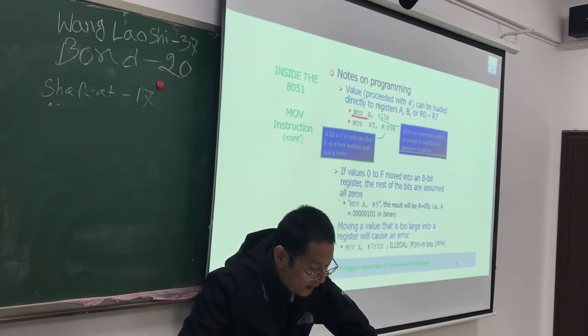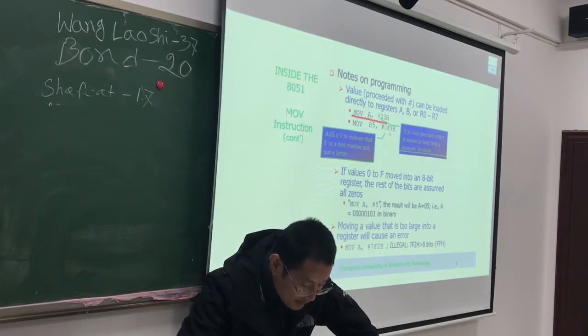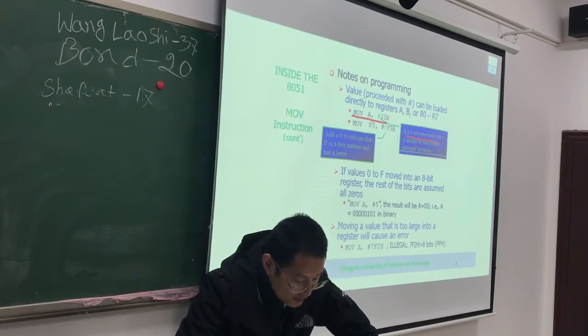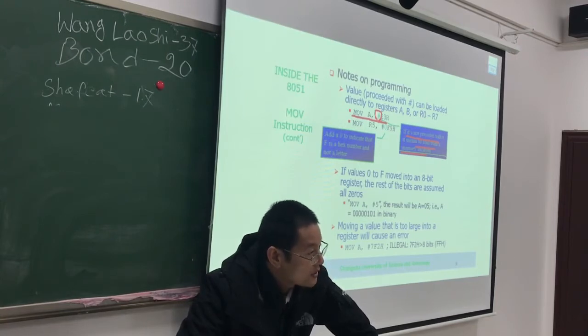Move A, pound 23H. If it is not preceded with pound, it means to load from a memory location. If you put pound before a number, it means this is a value.